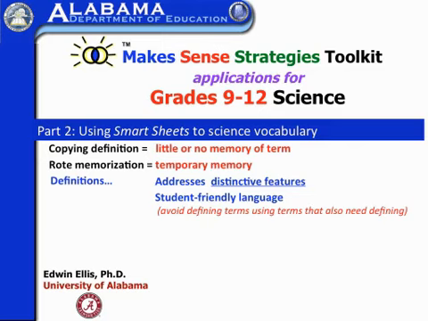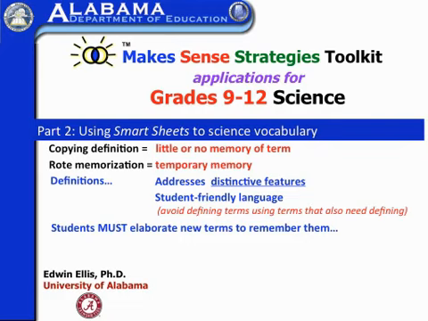And that's a real dilemma when it comes to science, because as I was saying earlier, so much of new science knowledge is based on knowledge of previous science definitions of terms. And so sometimes it's really difficult to define concepts like mitochondria or photosynthesis without using a lot of technical terms. So something to just be aware of.